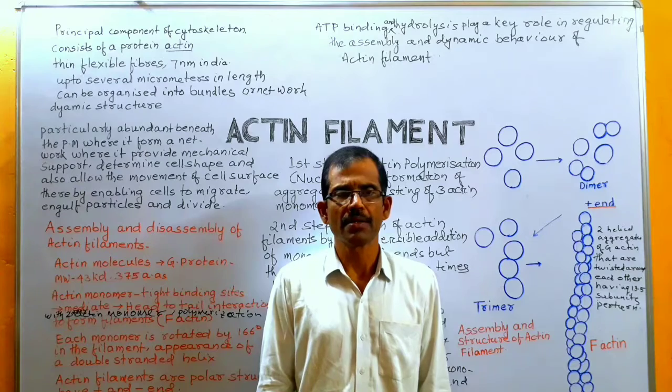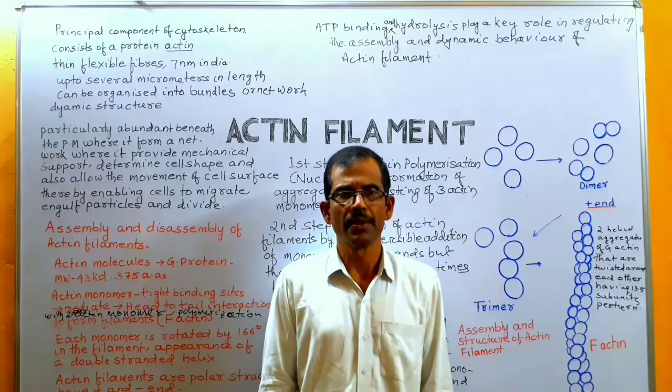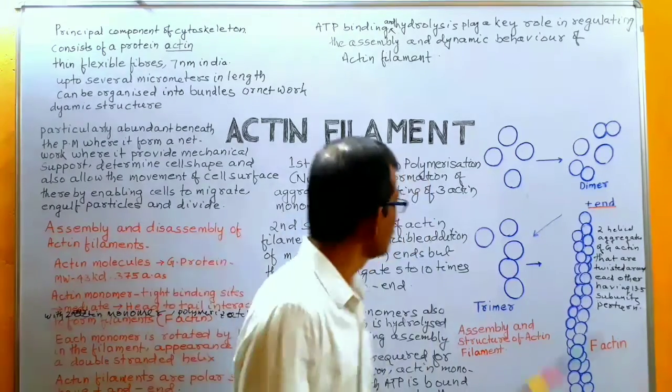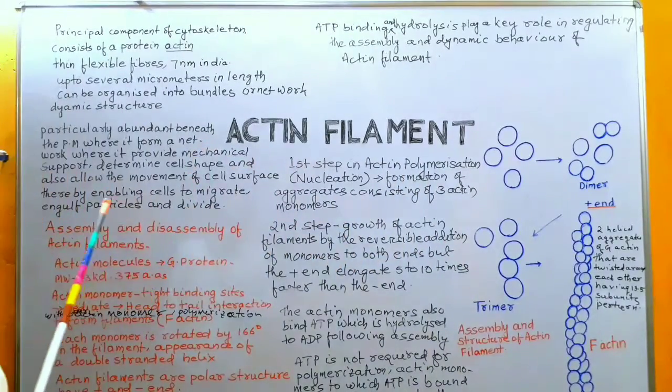So now let us discuss actin filaments. Actin filaments are also known as microfilaments. These actin filaments are thin, flexible fibers. The diameter is about 7 nanometer and the filaments can be up to several micrometer in length.